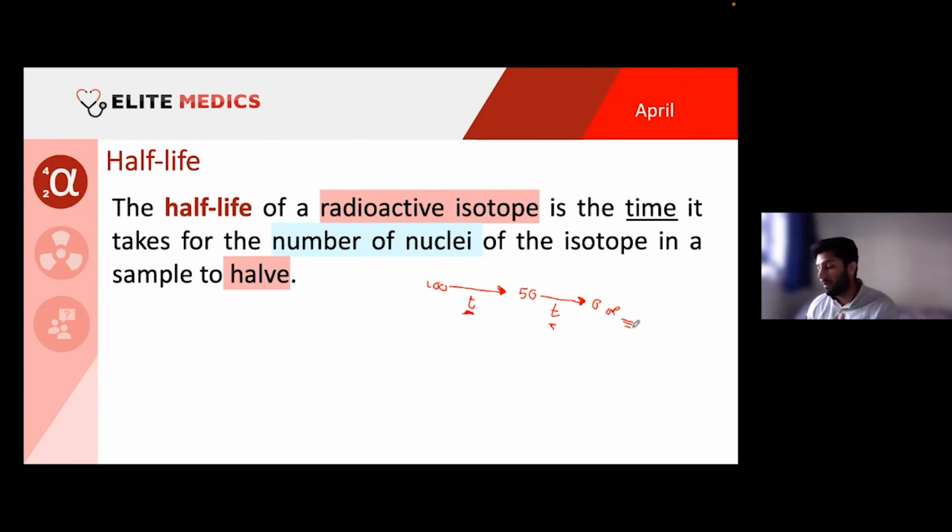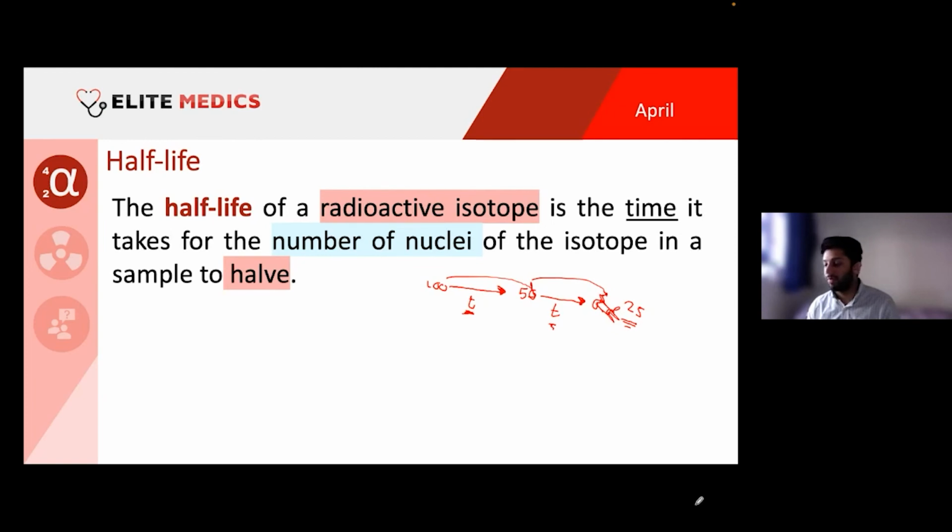There's going to be another number. If I wait for a certain amount of time t and go from 100 to 50, that's half. So if I wait that same amount of time t again, I'm again going to be reducing the amount of unstable atoms trying to decay by a factor of a half. So if I had 50 before, I will now have 25. I hope that makes sense.